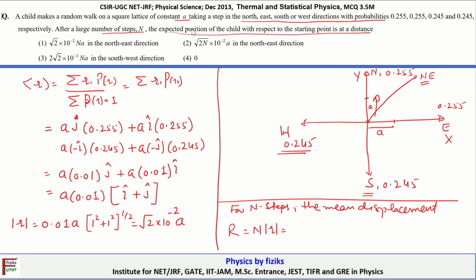So that is equal to root 2 into 10 to the power minus 2, multiplied by n a. Therefore the correct option is root 2 into 10 to the power minus 2 n a, and it is along the northeast direction.